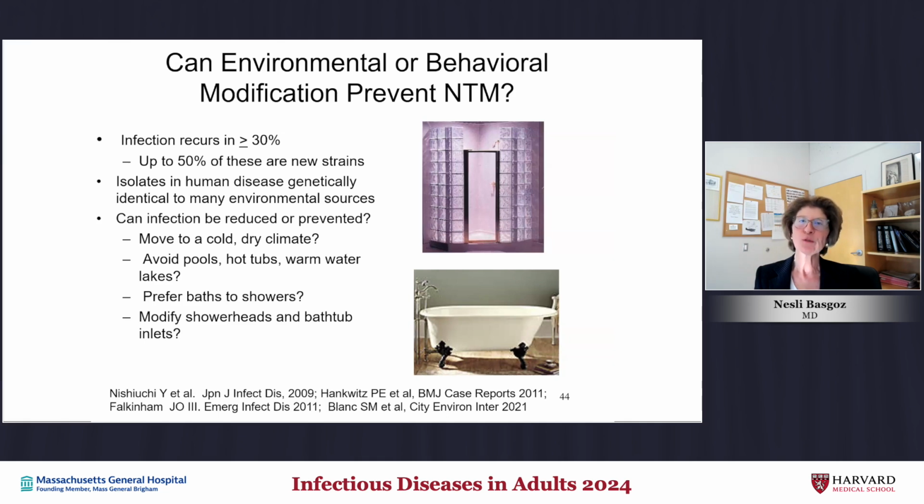So if you move to a cold, dry climate with this help, if you avoid pools, hot tubs, and warm water lakes where these organisms are aerosolized, and I have to admit, in some patients with recurrent infection, I have recommended this. Should we prefer baths to showers because of fewer aerosols?